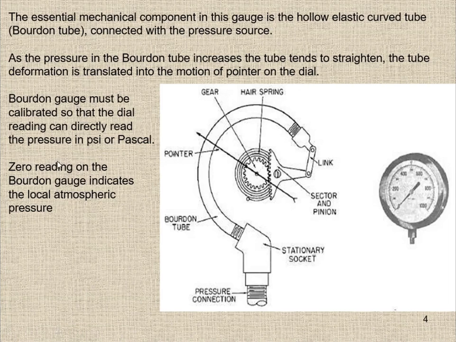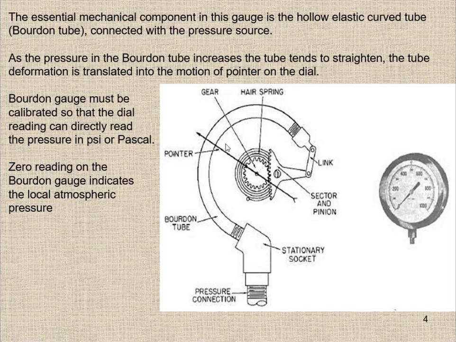Zero reading on the Bourdon gauge indicates the local atmospheric pressure. Since we are calling it a gauge pressure, we know that the reference point for the gauge pressure is the atmospheric pressure, where we consider the atmospheric pressure as 0. We do not measure the gauge pressure from absolute 0.